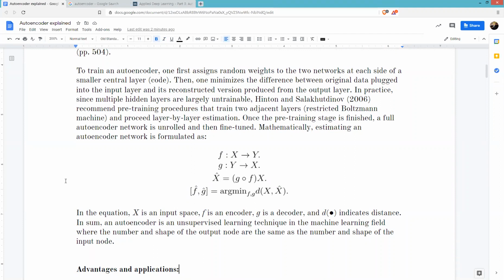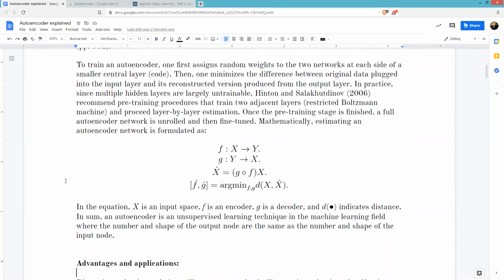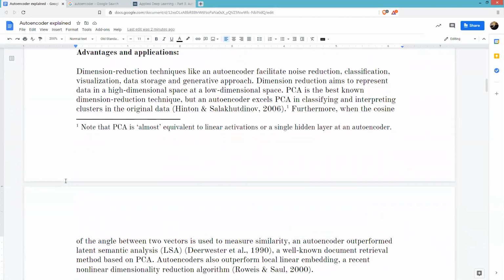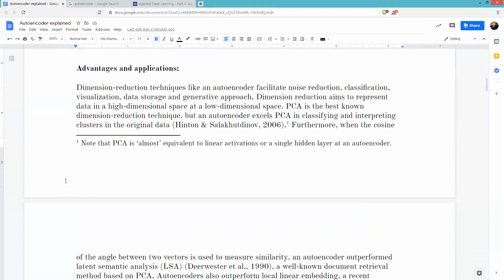Then what is the advantage and what are the applications of the autoencoder? Let's look at that, especially with a focus on finance. Dimension reduction techniques like an autoencoder facilitate noise reduction, classification, visualization, data storage, and generative approaches. Generative means it is similar to simulation.